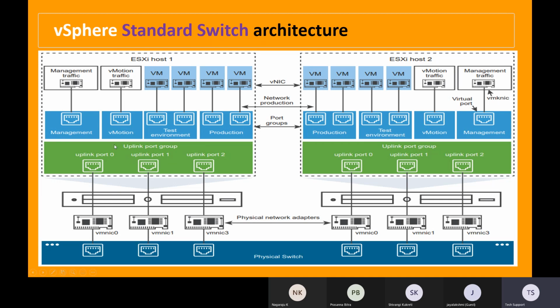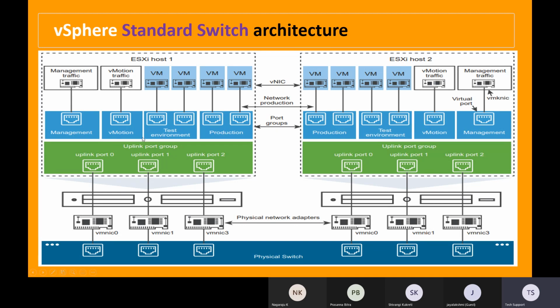Let's talk about the left side, ESX1, first. Within ESX1 we have multiple virtual machines created. To manage all the virtual machine traffic, they divided them into multiple port groups. This is the port group information. They created one port group for management traffic, one for vMotion traffic, one for test VM access, and one for production VM access.